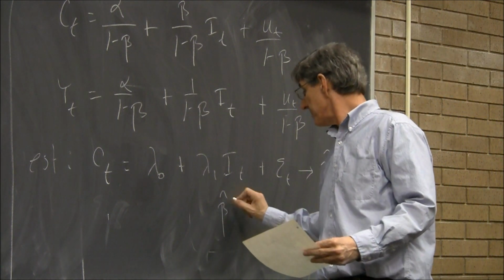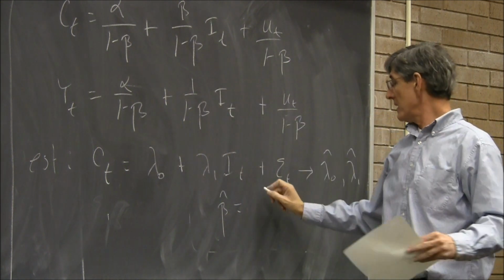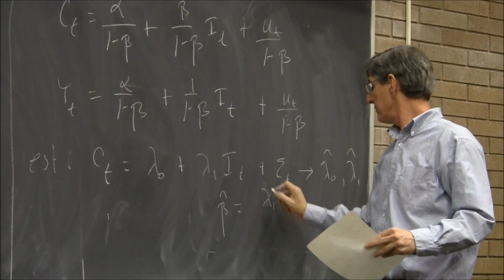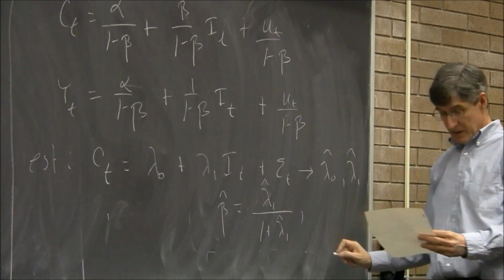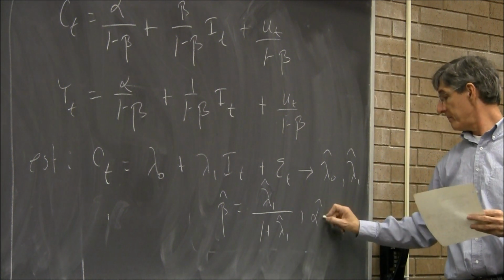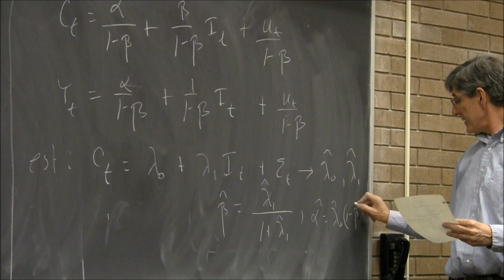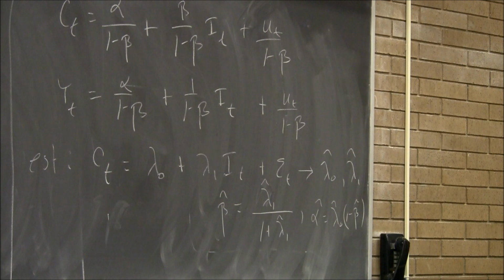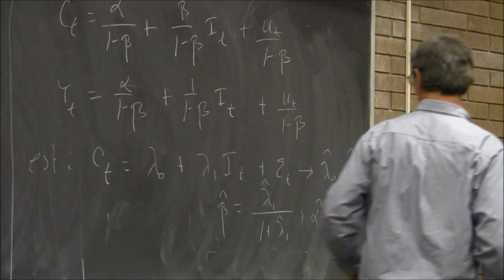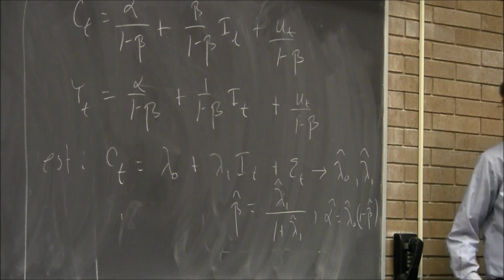Then beta hat, using the fact that the coefficient equals that, is lambda 1 hat over 1 plus lambda 1 hat. And alpha hat is lambda 0 hat over 1 minus beta hat. So you have your estimates of your structural parameters. So your multiplier estimate, if you're interested in the multiplier, 1 over 1 minus b, you can get it from this. You get b back here.